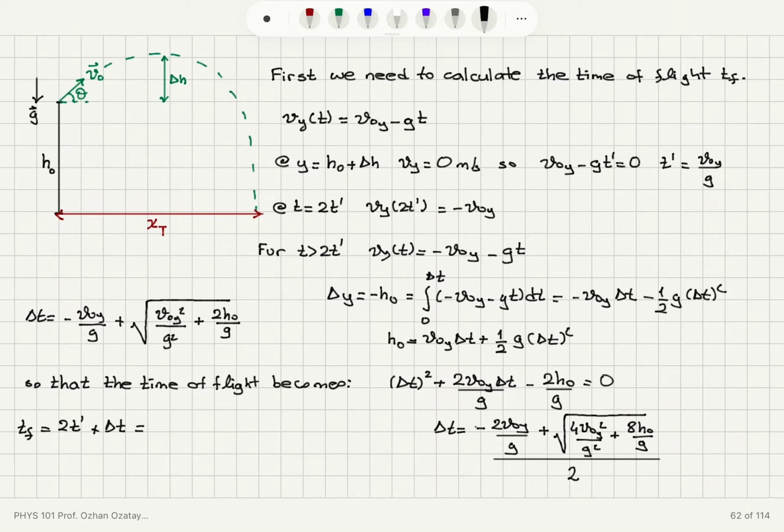So this will be 2v0y over g. So I substitute for 2t prime 2v0y over g.